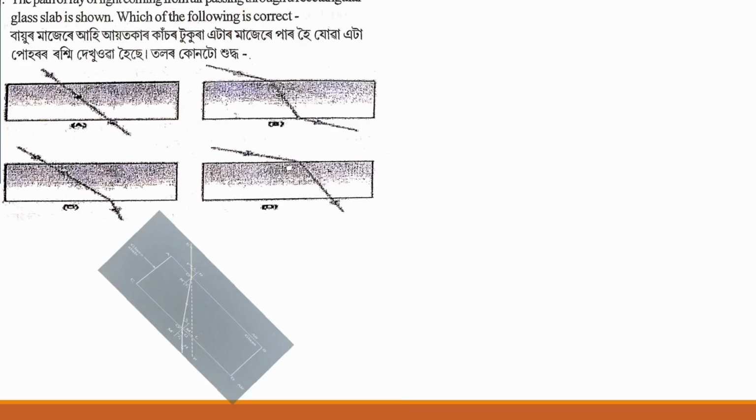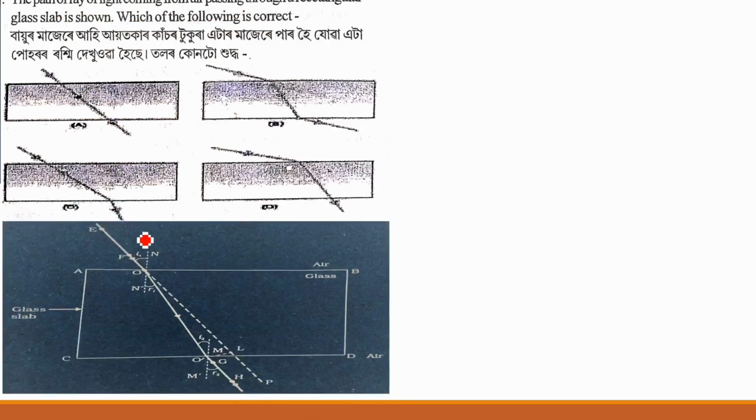Dear students, you can see here that EF is the incident ray. When the incident ray is coming from the lighter medium and it enters the denser medium, this glass is a denser medium, and this is a lighter medium.